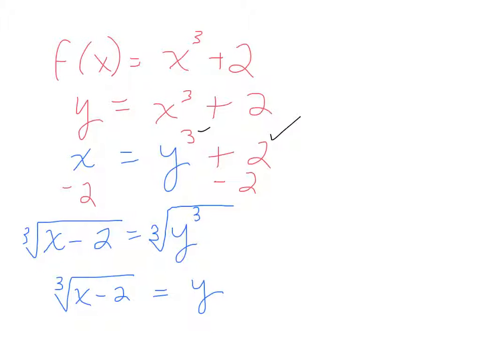The difference would be, and I don't want to confuse anybody, Tim, because I think we've had one where it didn't go inside. That would be if I had y plus 1 cubed equals x.